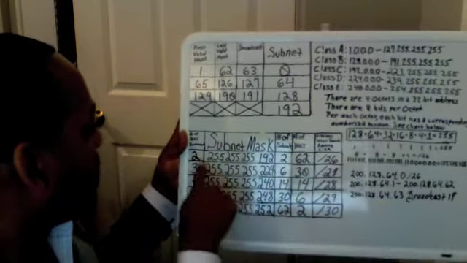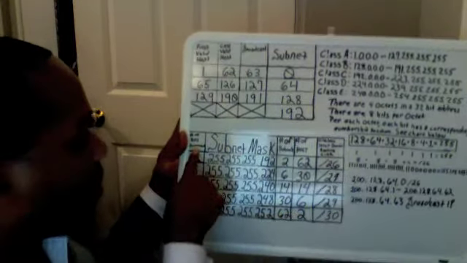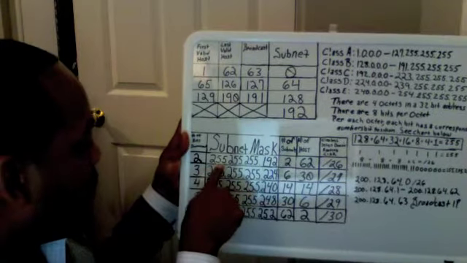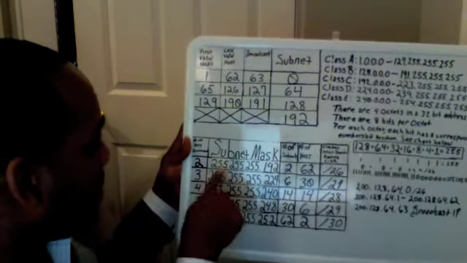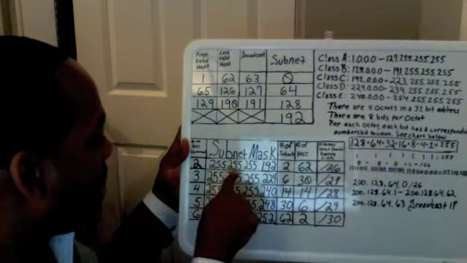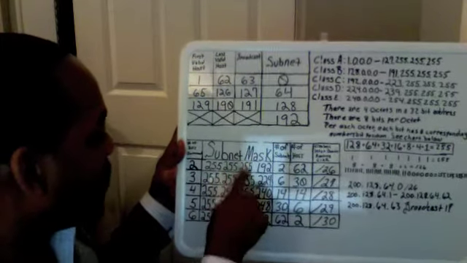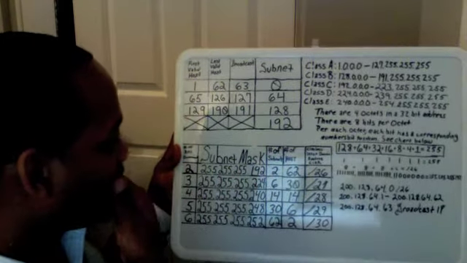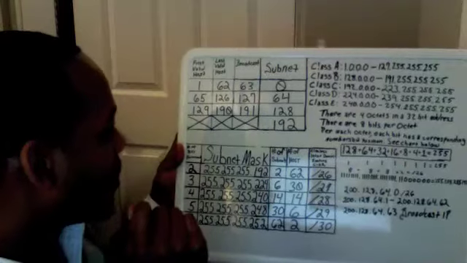We have 2 bits borrowed from what we're claiming, and we have a subnet mask of 255.255.255.192. So let's look at this. Let's understand the subnet mask as it relates to the IP address.